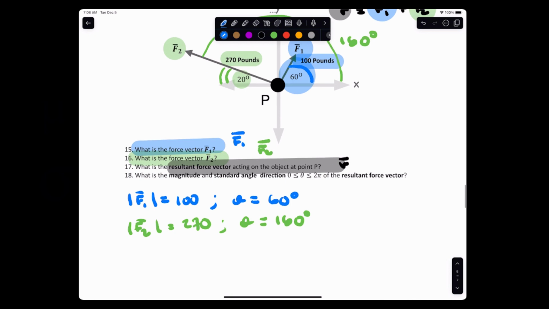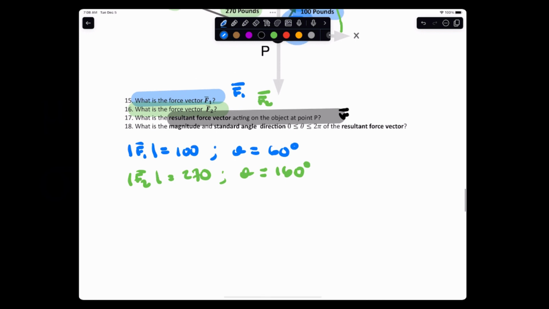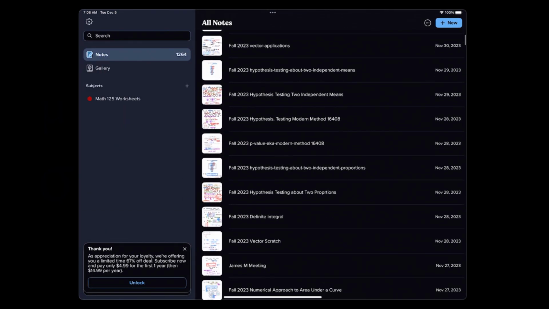Now we're going to have to find the IJ form of these vectors. So, if you like, we can take this into the Scratch. How's that? Okay, we're going to take it into Scratch. So, Vector Scratch, where are you?